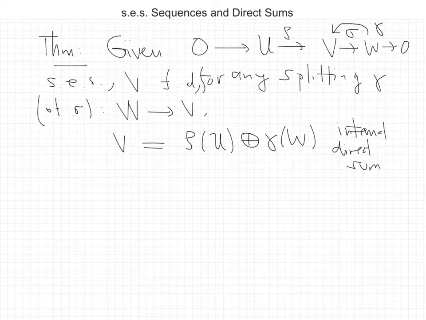So let's give the proof of that, and let's maybe start on this slide with the first. How do we prove that a vector space is the internal direct sum of two of its subspaces?